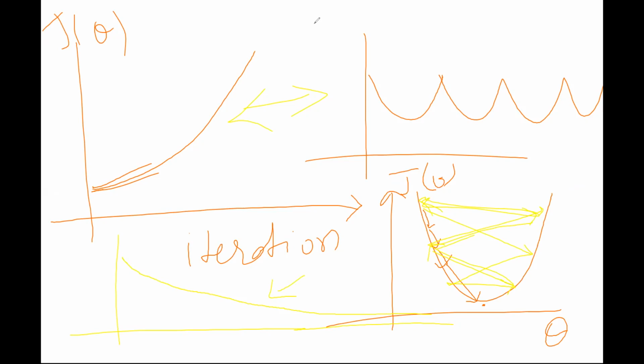So it is advised to take an alpha which doesn't make your curve like this, or like this, or this. In a practical scenario, initially there will be a large decrease and then it will slow down. Whenever it starts to slow down, meaning we have started to converge, we stop at that location.